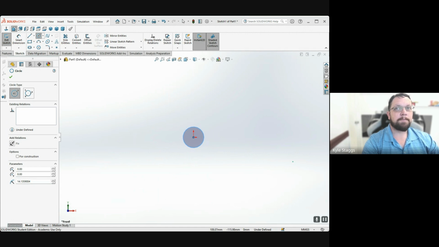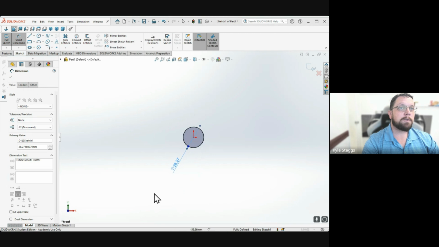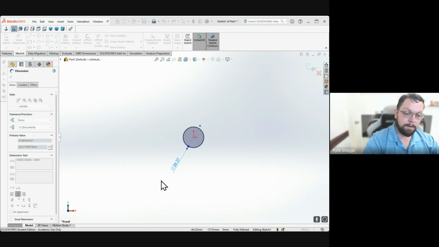So 0.1241 nanometers. We're going to use that in our smart dimensions. So 0.1241. I'm going to do a 100x scale up.